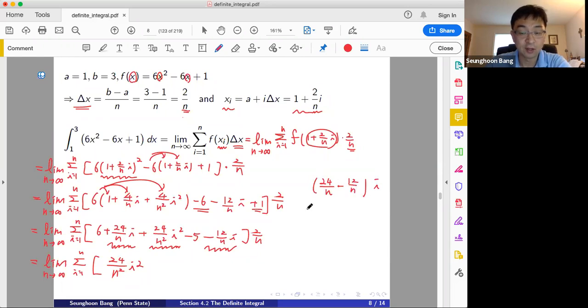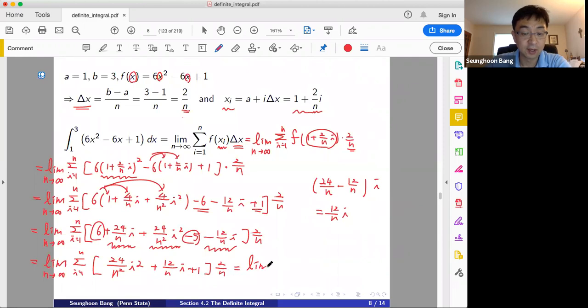You can calculate. This is the same as 24 minus 12, which is 12, so we have plus 12 over n i. The next, 6 minus 5 is plus 1, times 2 over n.